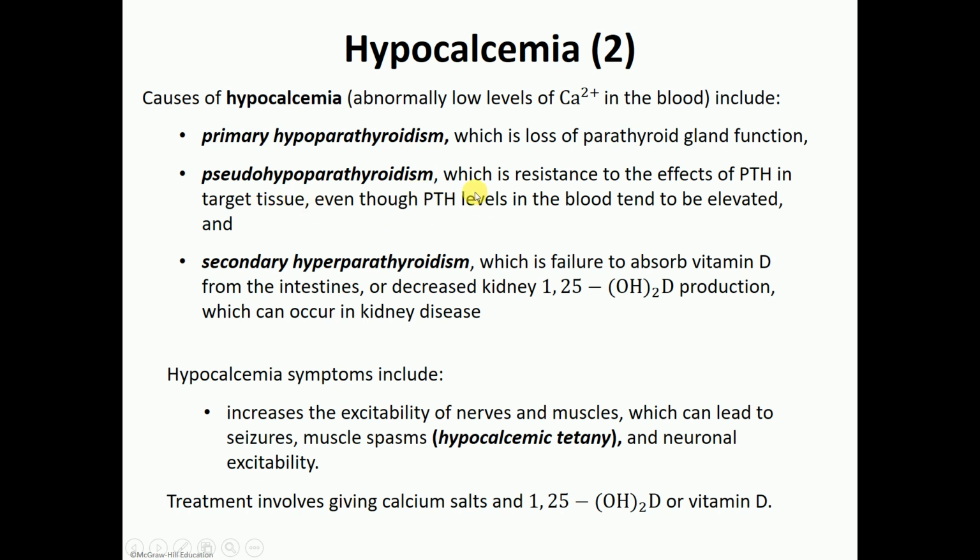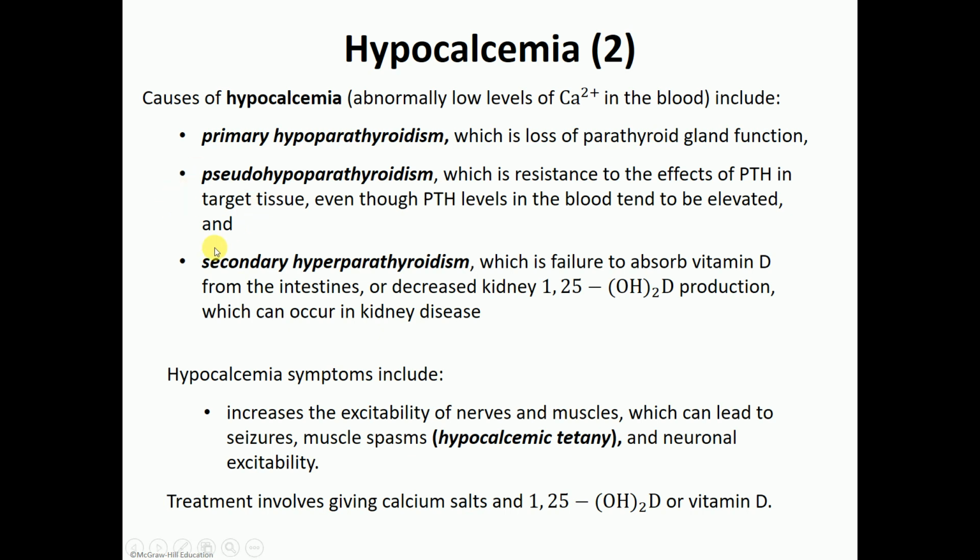So even though PTH levels are normal or actually even elevated in most cases, that's why it's known as pseudo-hypoparathyroidism, because although the patient is showing signs and symptoms of low PTH levels, if you take a blood sample, their PTH levels are actually above normal. But again, the target cells are resistant to PTH.